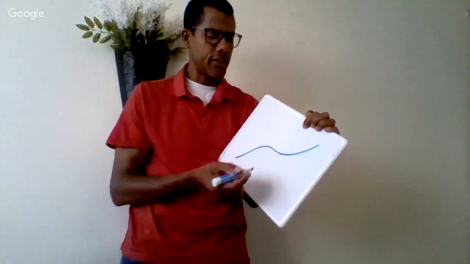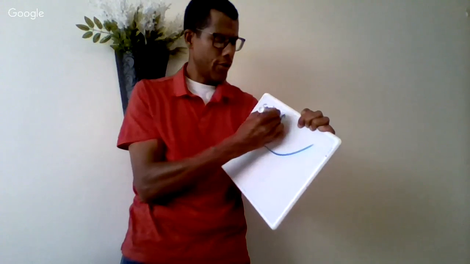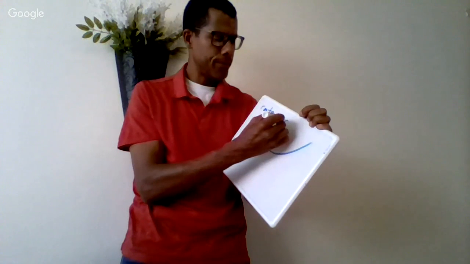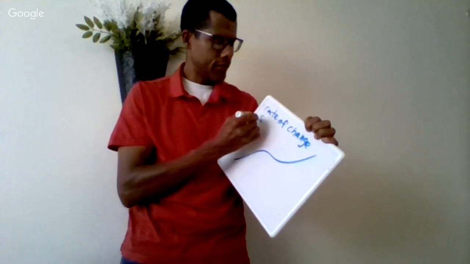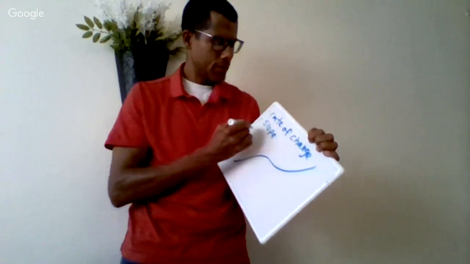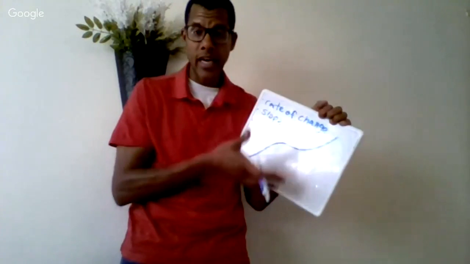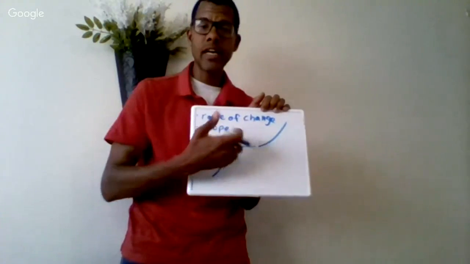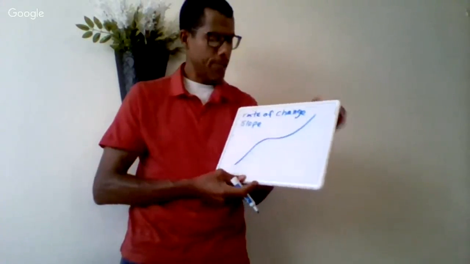Rate of change is another way to think about slope. Sometimes you can say the constant rate of change. If the rate of change is constant, it's a straight line. So we'll just say rate of change, slope.